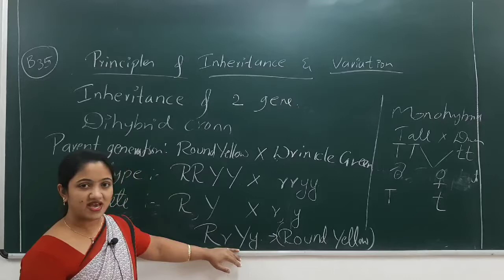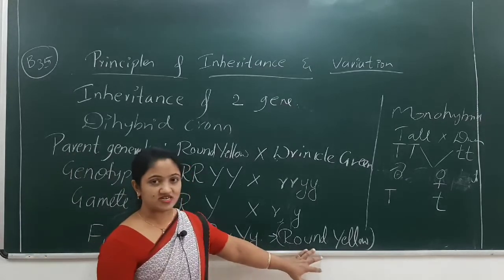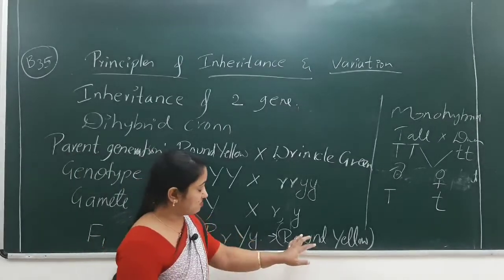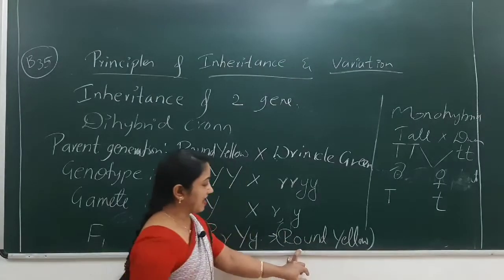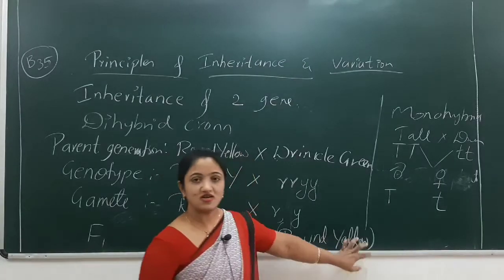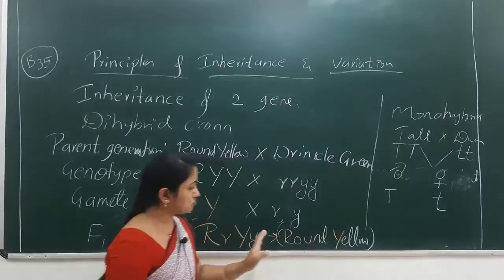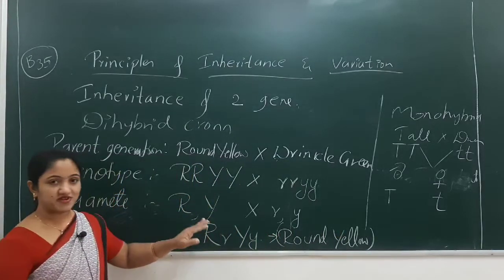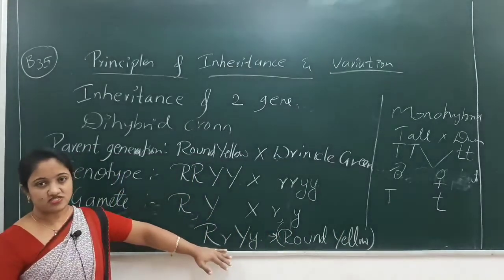The plant will have a round seed and yellow color seed. So, these two dominant characters are expressed in the F1 generation.